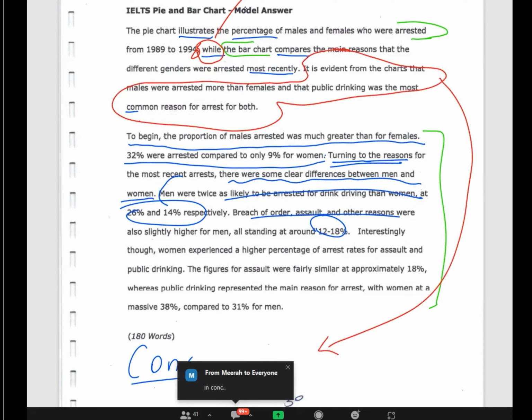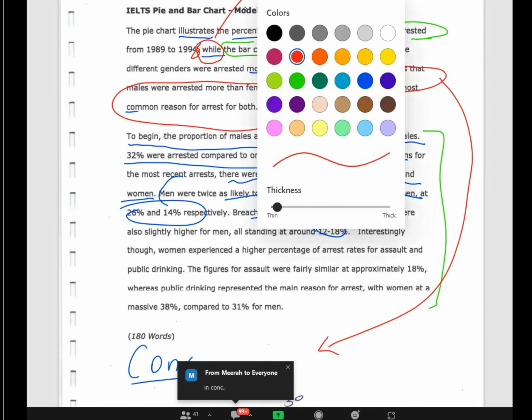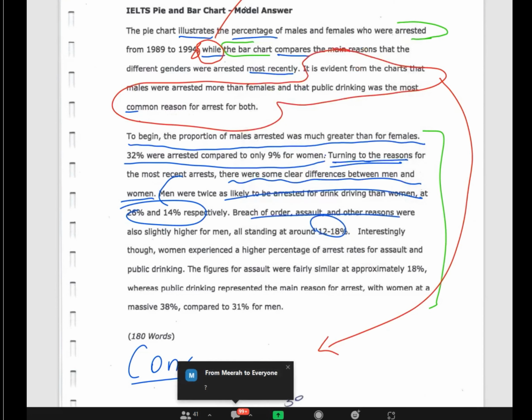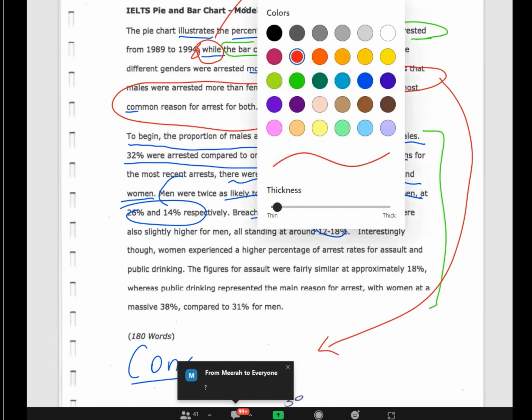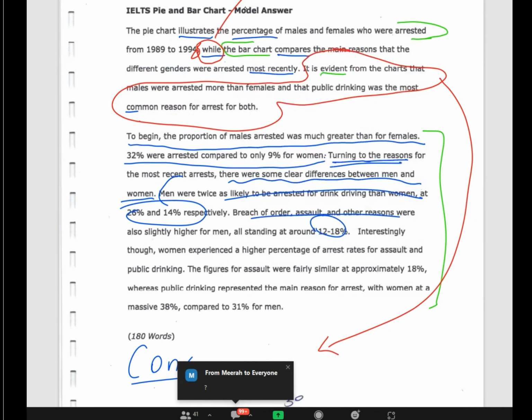Say it in another way. Let's try. It is evident, we can say it is clear. Change males were arrested to men instead of males, women. The most common, the biggest reason, for example, the most remarkable, the most significant.